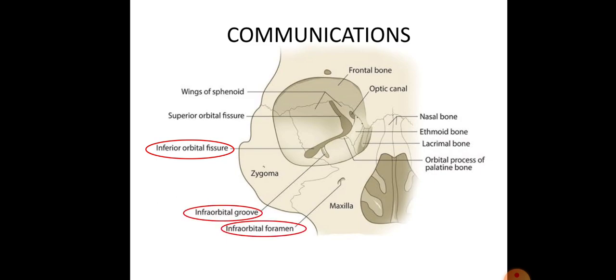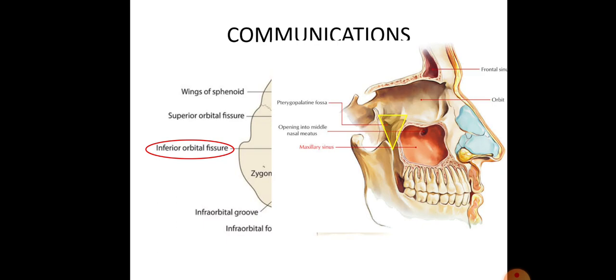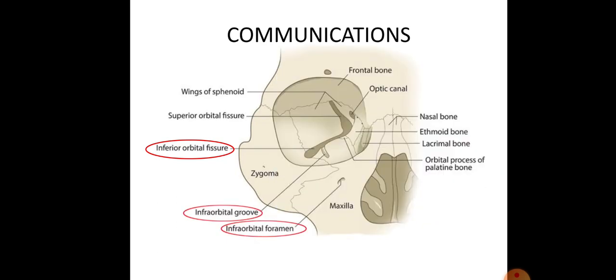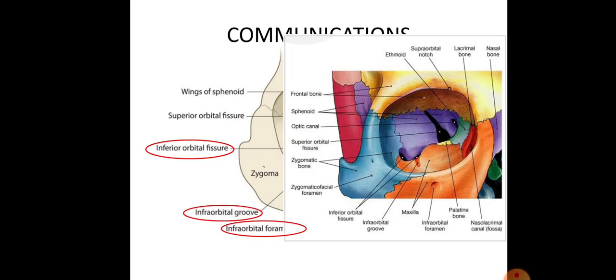Then the infraorbital groove. This infraorbital groove communicates with the face through the infraorbital canal and infraorbital foramen, and the infraorbital groove is open posteriorly with the inferior orbital fissure and the pterygopalatine fossa. You can see the infraorbital groove, canal and the foramen.